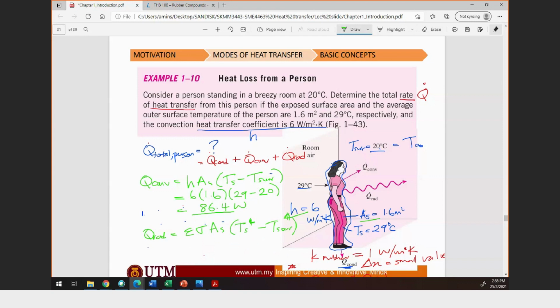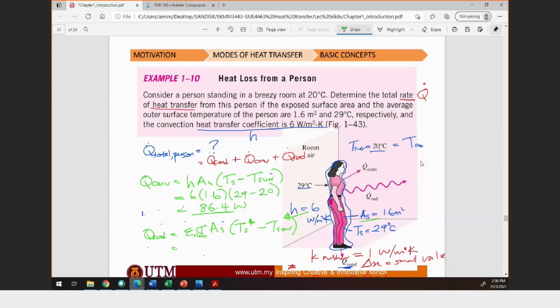What is the emissivity here? This emissivity is for the skin, because this person is producing radiation from the skin. So this is the emissivity for the human skin.